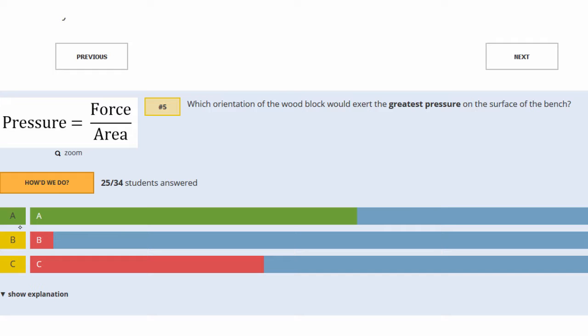If we have a smaller area, that makes the pressure bigger. If we have a smaller denominator, that makes this pressure, this value, larger. How about if we had put more force on this? What does that do to the pressure? Also increases it. That will also increase it as well. Exactly. Which then brings us to some terms.